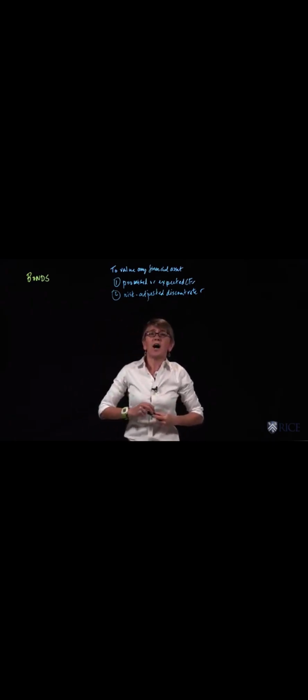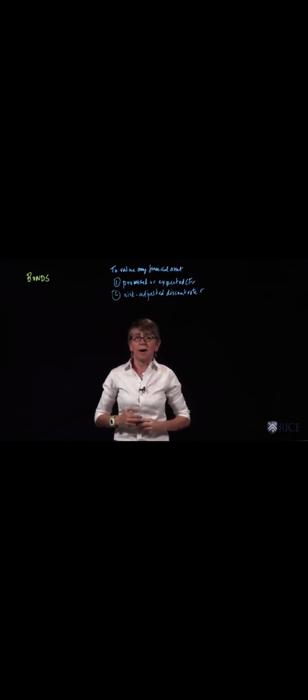Okay? So in this lecture, we're going to apply this valuation technique to valuing bonds. We're going to learn how to find the value of bonds. We're going to look at some key features of bonds. How do we describe a bond? What are the key cash flows?